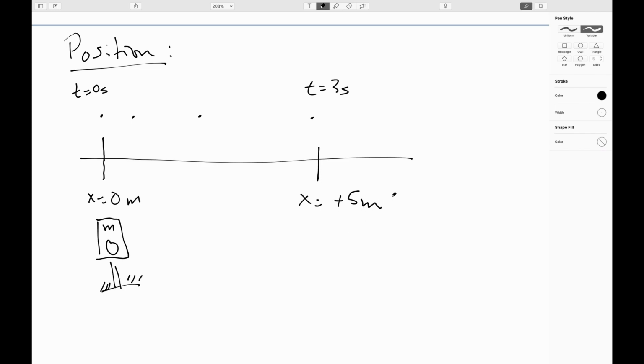So if we just said it was 5 meters away, the thing is you could be east or west of the 0 meter marker. And here when we look at it, we say, oh wait, it's to the east of the 0 meter marker. So the arrow that we would draw for position is going to look something like this.